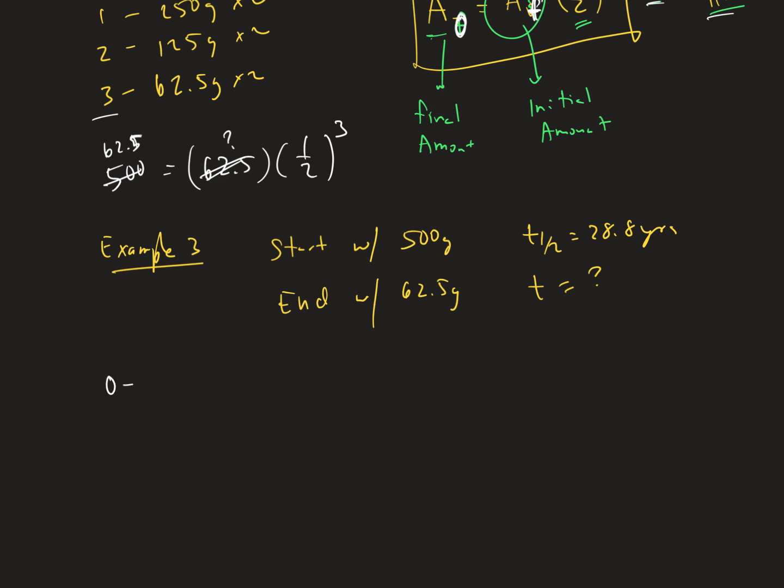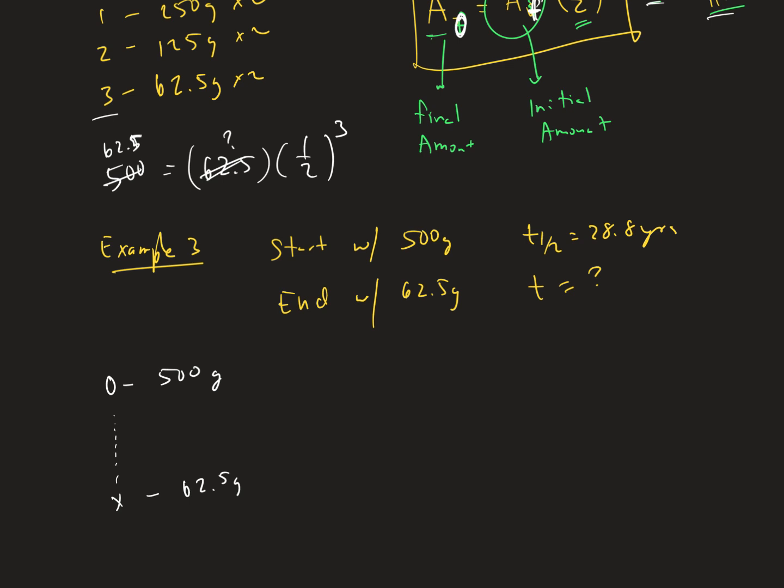At time 0, how much do I have? 500. I don't know how many half-lives I'm going to have because I don't know how much time has passed. But I know at the end, at X amount of half-lives, I have 62.5 grams. You with me?